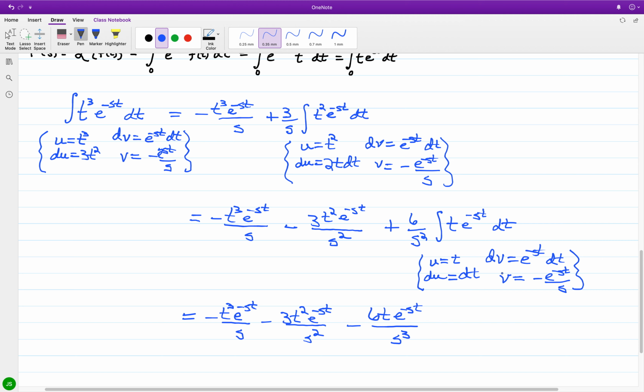Again, subtracting the integral and distributing 6 over s squared over this, subtraction of a negative gives plus 6 over s cubed times the integral of e to the negative st dt.